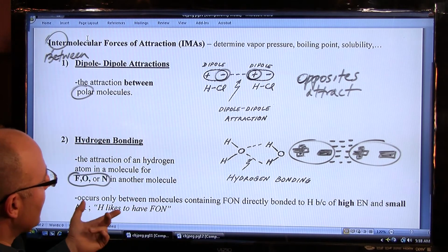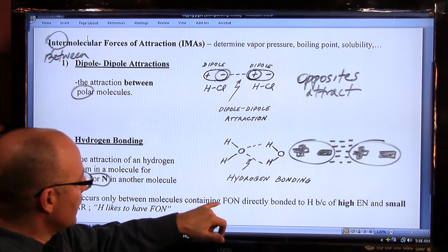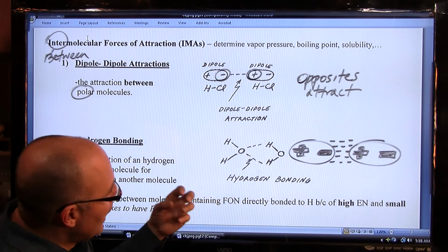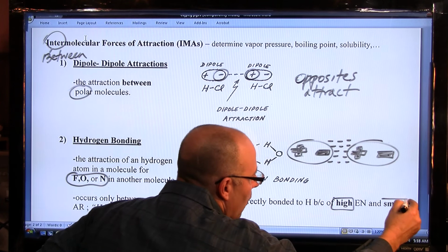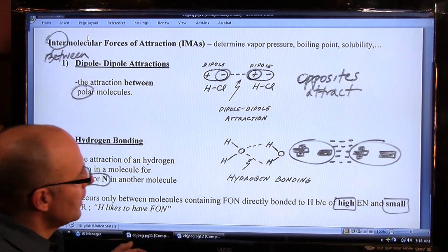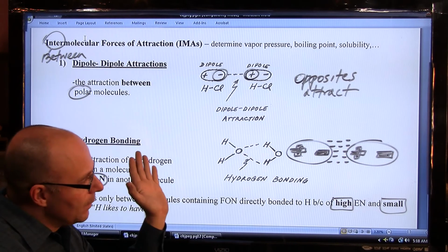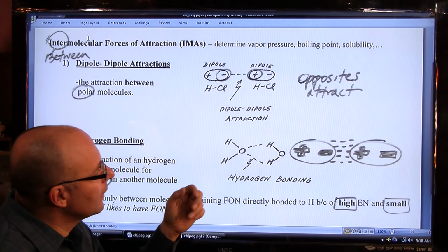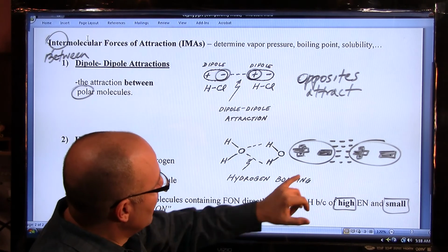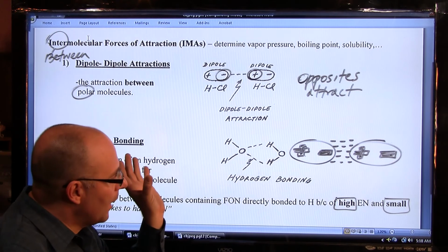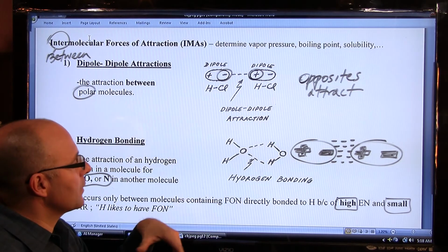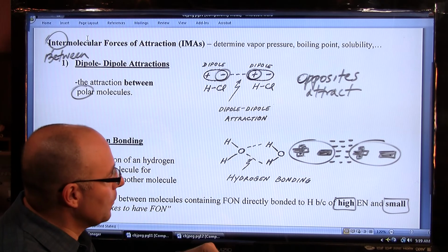The reason for that is like oxygen, the fluorine and the nitrogen have high electronegativities and small atomic radii. So you see, the magnitude of that charge is not only due to the electronegativity, it's due to the fact that these partial charges involve small atoms. So there's a greater density of charge, if you will.